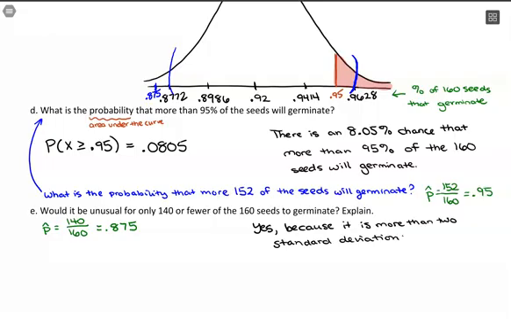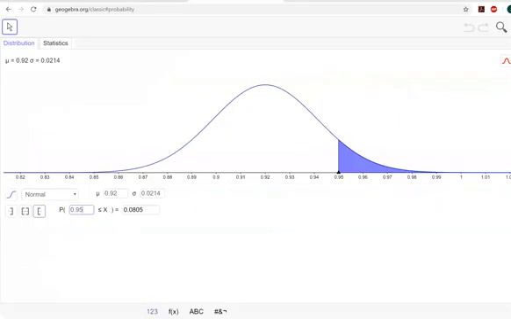You could also answer this by using a probability. Like, we could look at this probability of getting 0.875 or fewer. So then we could look at GeoGebra and see what kind of percentage comes out. So I need to finish that sentence: 2 standard deviations from the mean. So let's look at that probability.